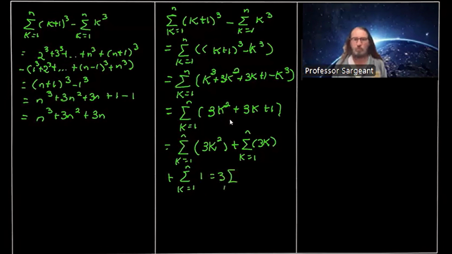From those first two, factoring threes out, as before, we know that the summation of n copies of 1 will just be n.